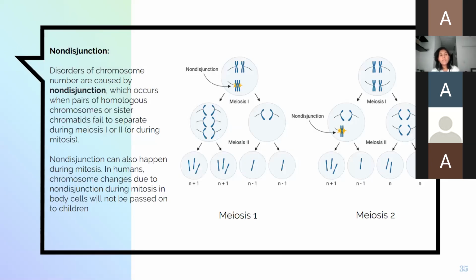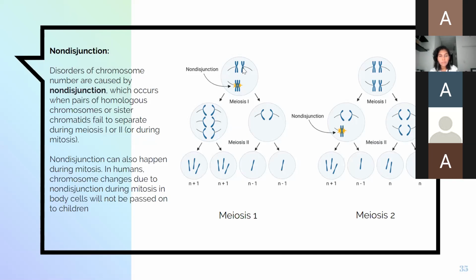So all these aneuploidies happen due to non-disjunction. And non-disjunction is essentially the failure of chromosomes to separate properly, either during meiosis 1, meiosis 2, or even mitosis. So in meiosis 1, you can see that homologous chromosomes aren't being separated properly.